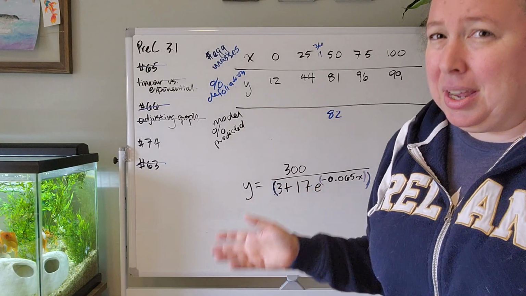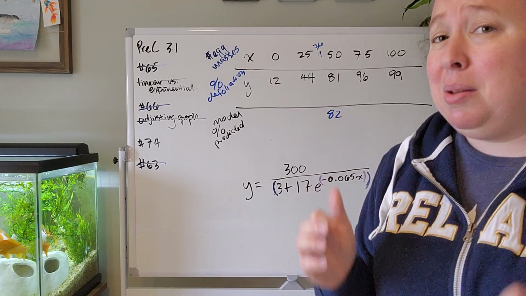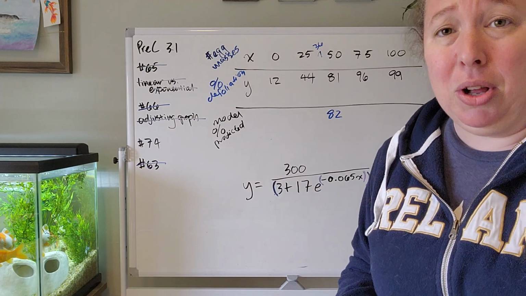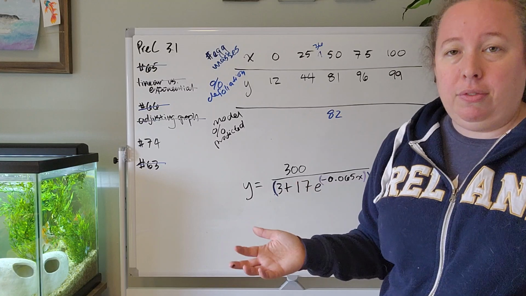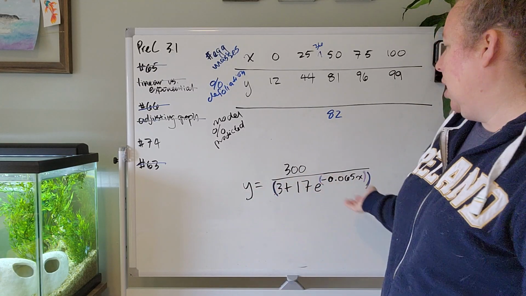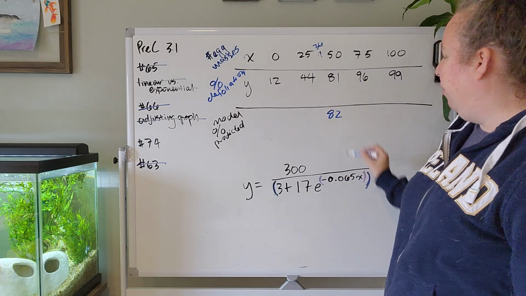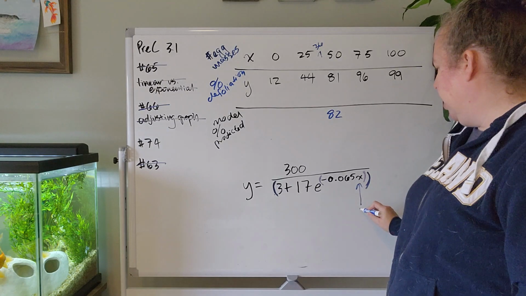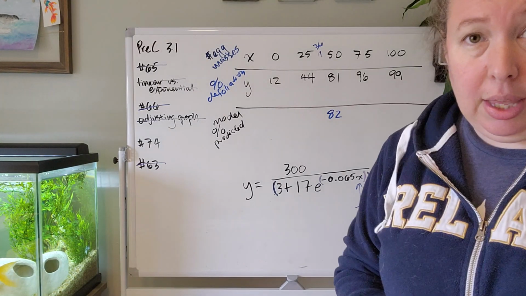But the reality is, is this a linear function? No, it's exponential, which means it's going to be more difficult to just sort of eyeball and predict. And so the easiest thing to do, if you've graphed it on your graphing utility, you can use the trace function. But the other thing you can do is, we just did 50, but instead of plugging in 50 here, you can just plug in 36 and calculate.